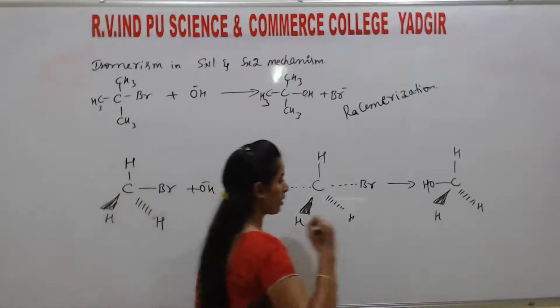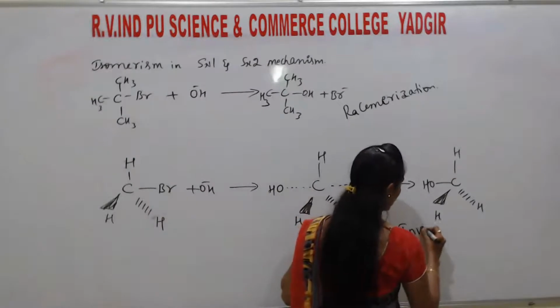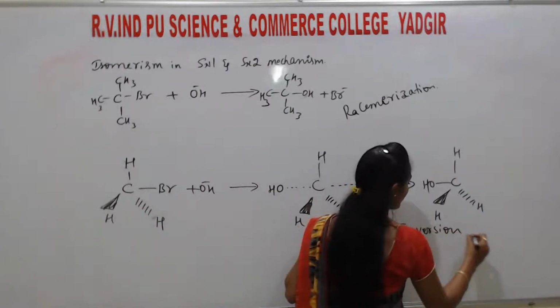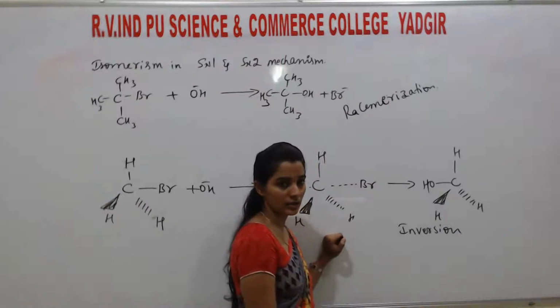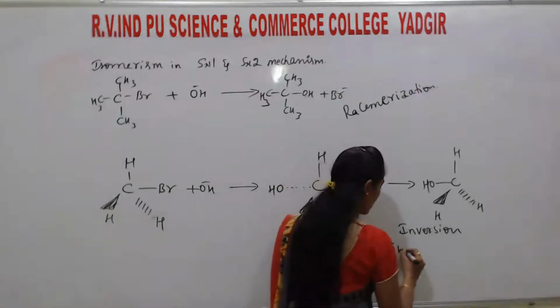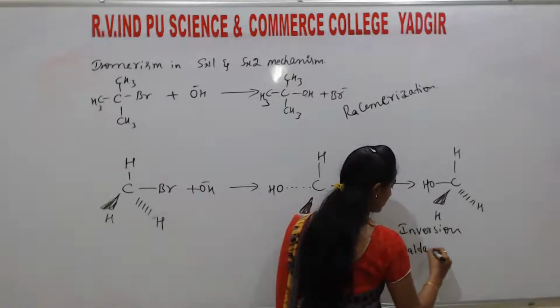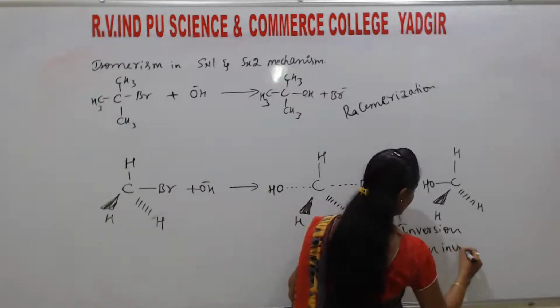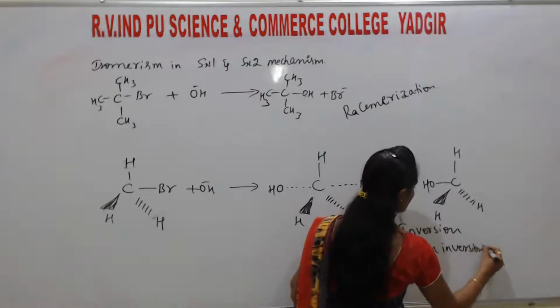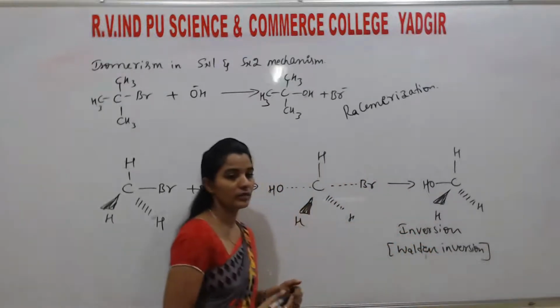Correct? So this is called inversion. So the SN2 mechanism takes place with inversion of configuration. This inversion is called Walden inversion.